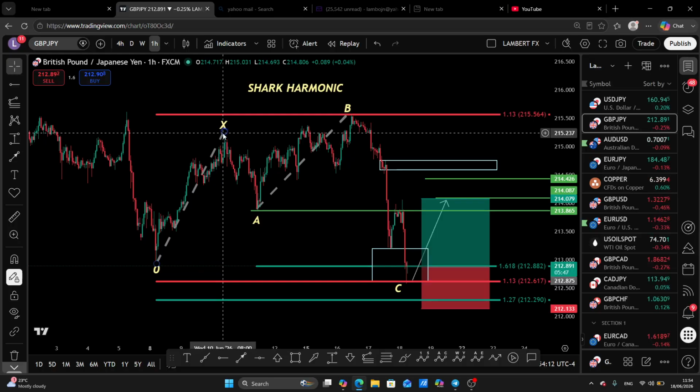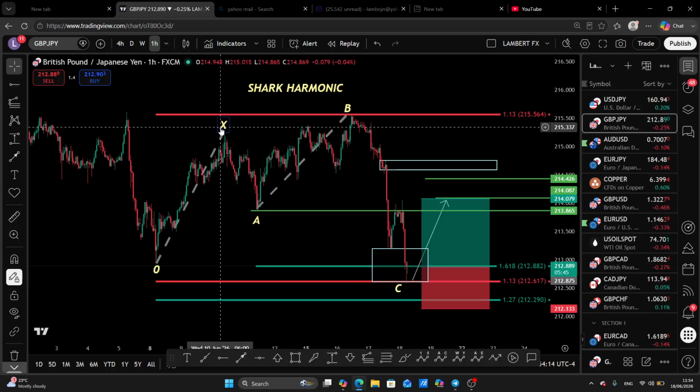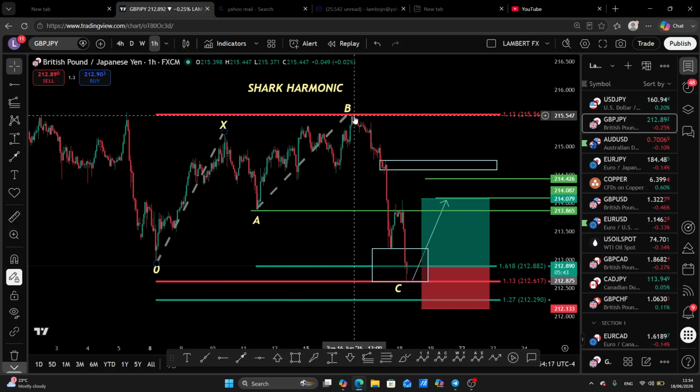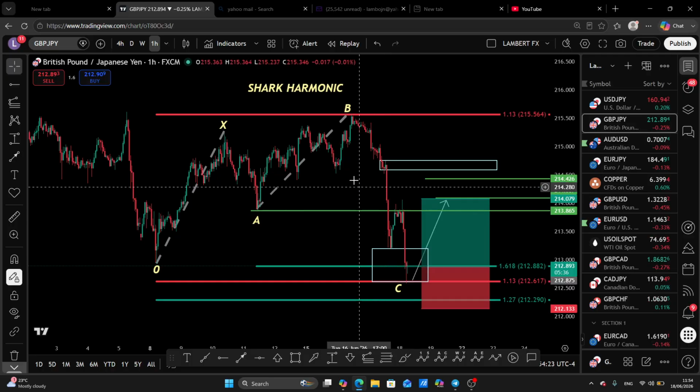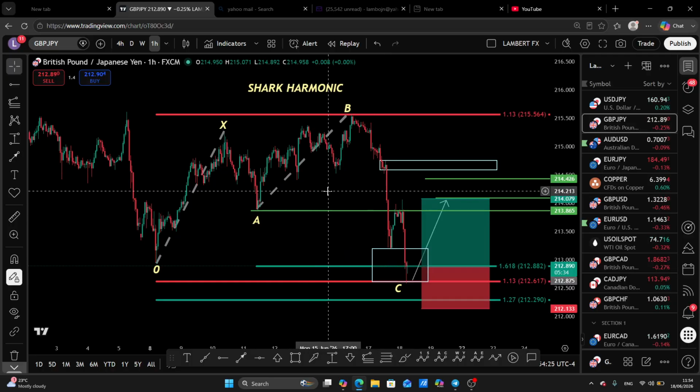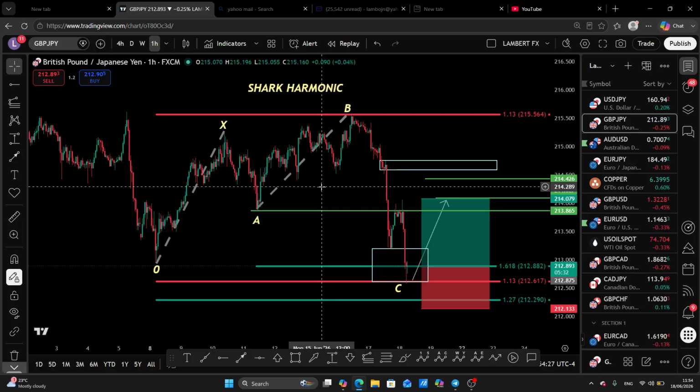For example, in this instance, it broke the previous high and then failed and returned downwards. So this is when you now pay interest that this could be a shark or a 5-0.